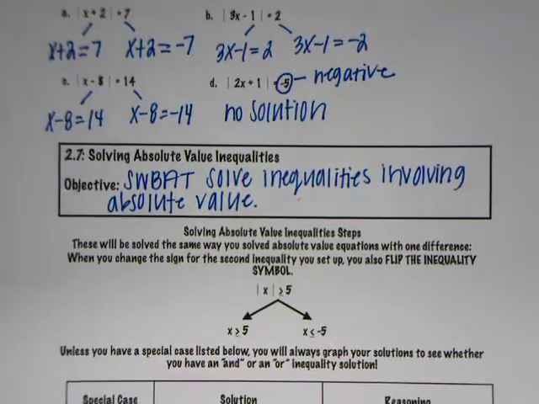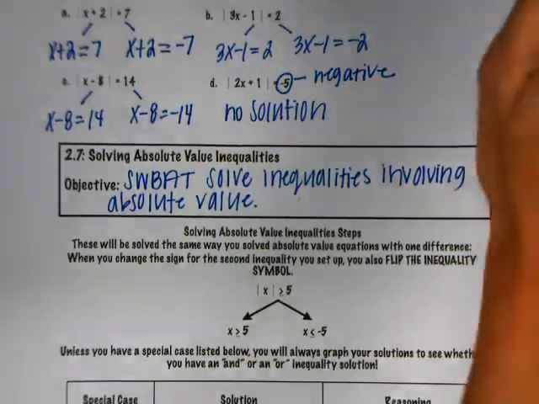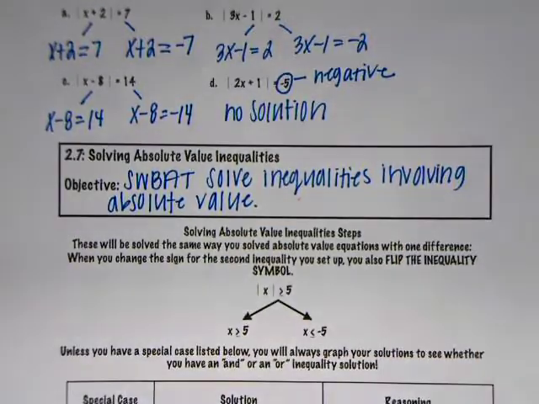Okay, so we're still operating under the same rules for these where absolute value can't end up equaling a negative, okay? So it has to be either 0 or positive numbers. When we are setting these up, we have a lot of special cases that we're going to go over. But if we don't have a special case where it's like no solution or infinite solutions, and we're going to actually solve it, there's only one change that you need to make, okay?